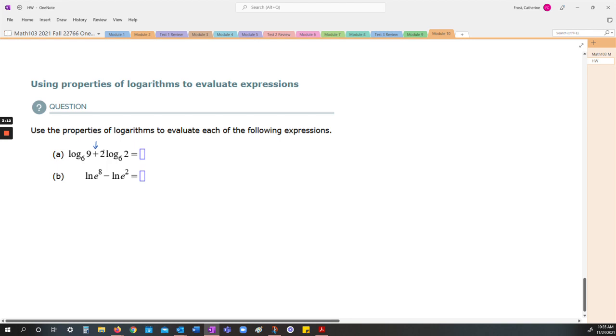Before I do that, though, I have to do something with this 2 on the outside. Whenever you have p times log base whatever of x, you can bring that p inside the log as an exponent. This is the opposite way that it was written in our notes. So that's the first thing I'm going to do here.